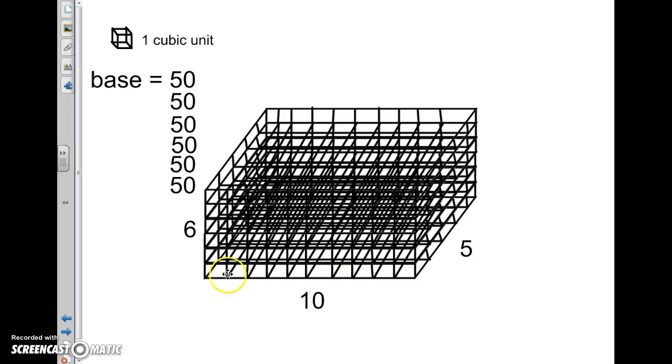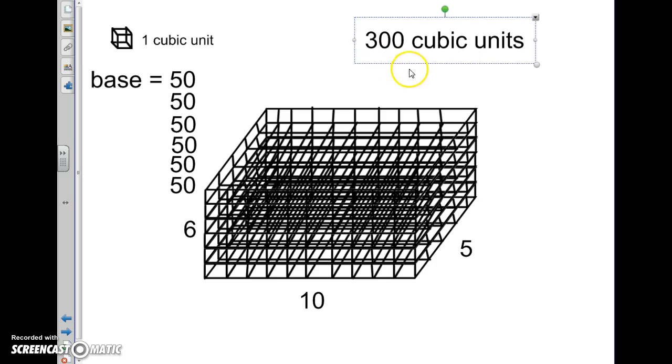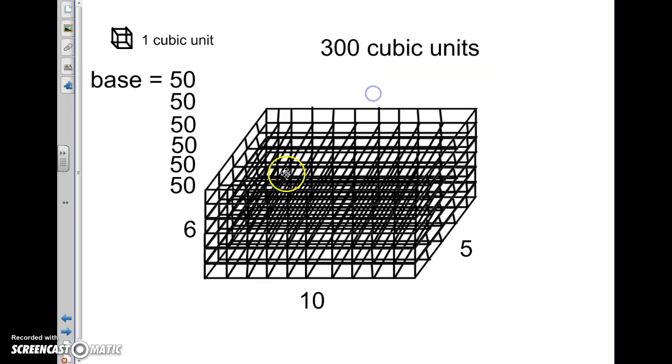So I had to keep adding more of those layers, and now I have 300 cubic units. Okay, that is the total volume, which means there are 300 cubes in this rectangular prism.